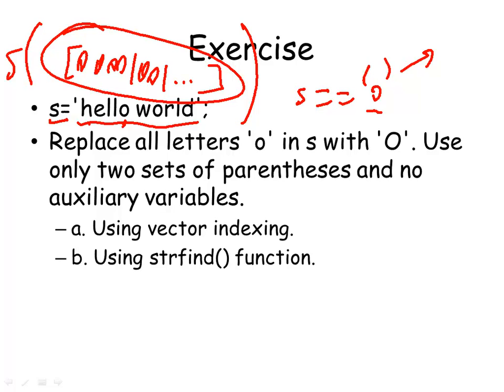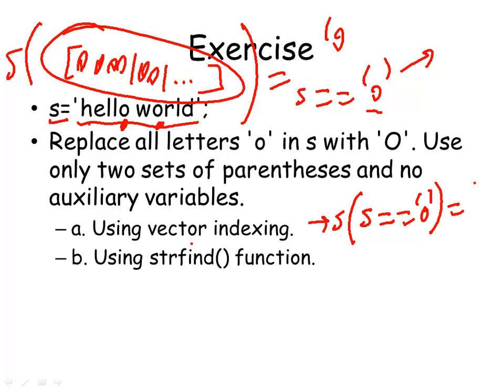So I would be indexing only the letters O. Okay? And I will just set them to capital O. So the answer to the first part is saying S, parenthesis, S equal small letter O, equals capital letter O. Okay?